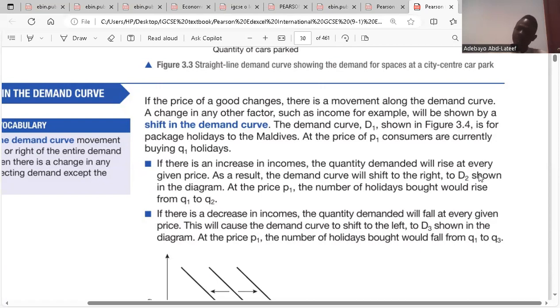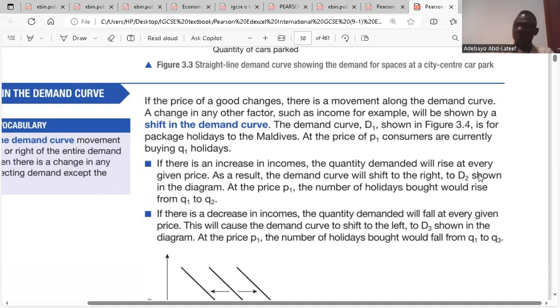Do you get that? Okay. So income, I said, is the amount of money you earn, right? So if your income increases, it is expected of you to increase your consumption, the quantity you demand for a product. That is clear, right?